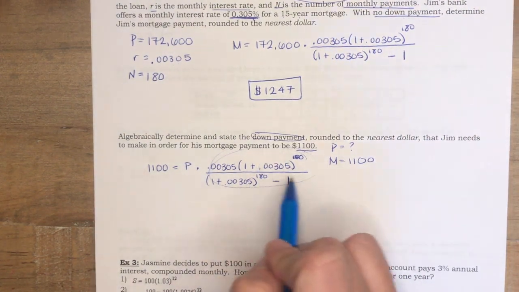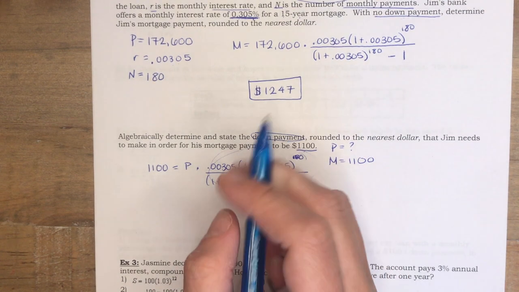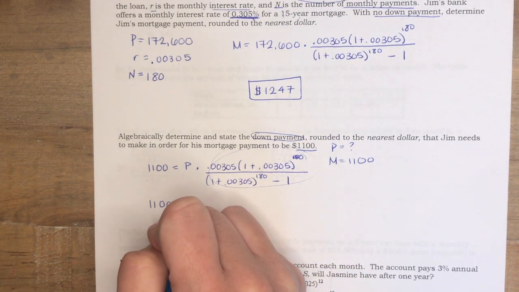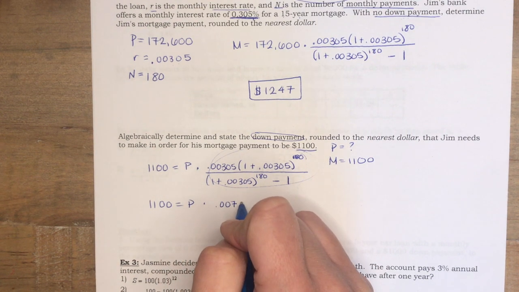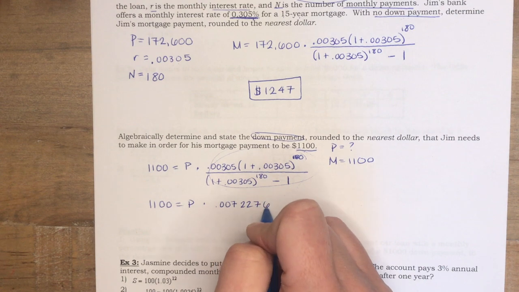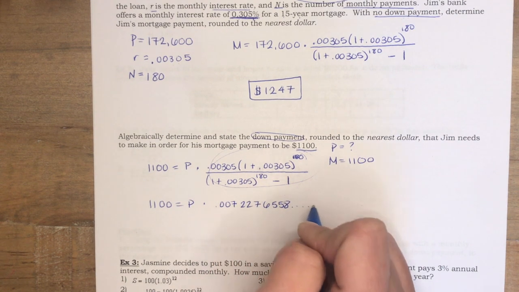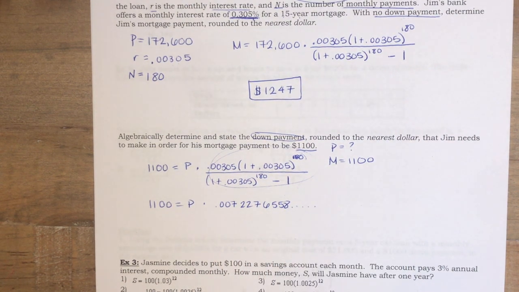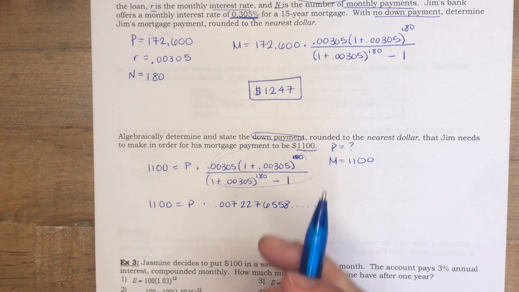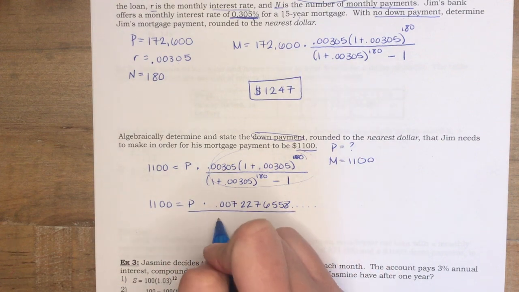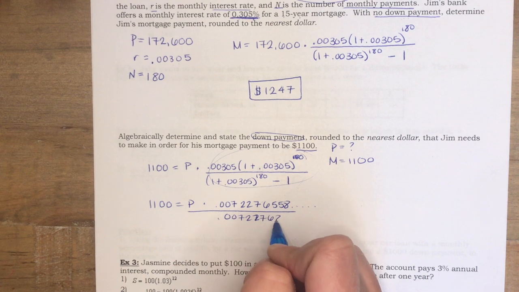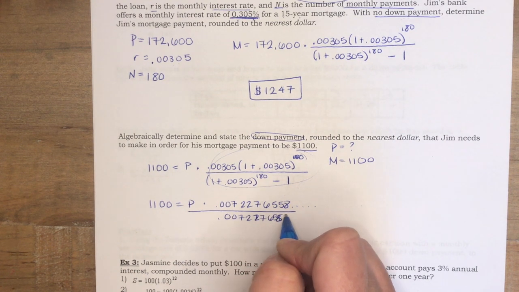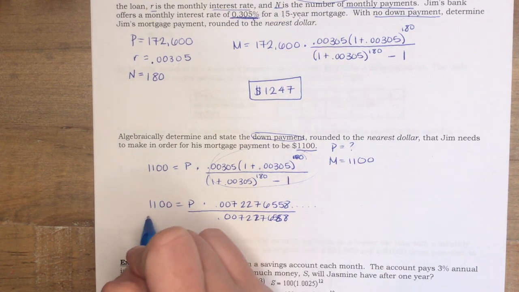If you put this part into the calculator, you get something like 0.00722765558. Don't round that. The more you round, the more off you're going to be. And then you're going to divide by that. Just copy and paste it from the calculator so you're not retyping it, because you could type it wrong, like I just almost wrote it wrong.